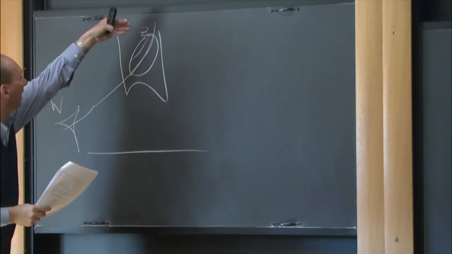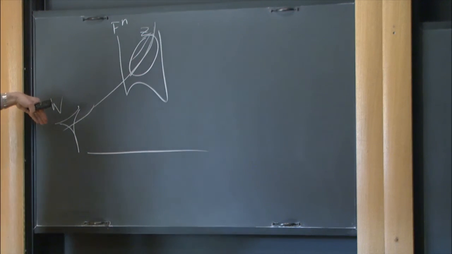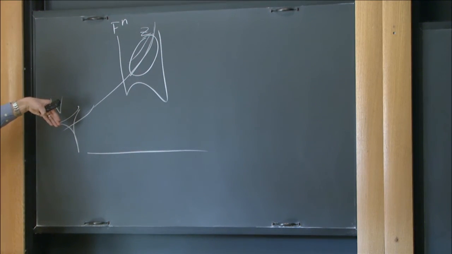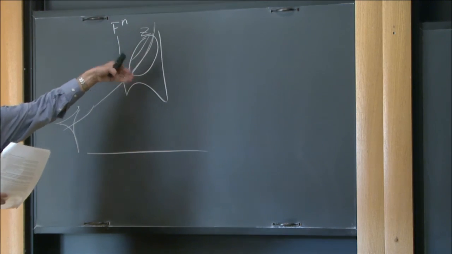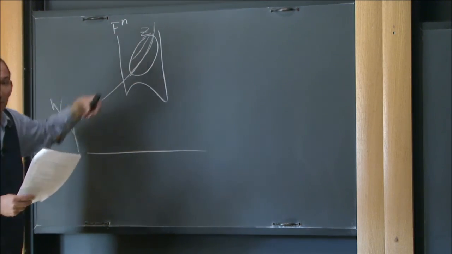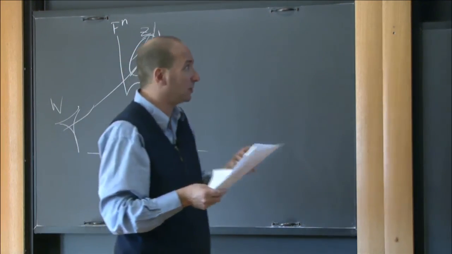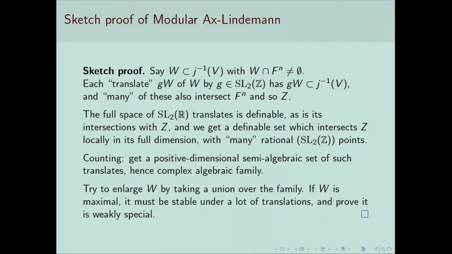So what you prove is that as you follow this W, it goes through very many different fundamental domains, and every time it goes through a fundamental domain, there's an SL2Z translate, which takes you back and gives you another copy of it, which meets your set Z. Now, SL2Z, of course, is not going to be a definable set, but SL2R is. That's just a semi-algebraic set.